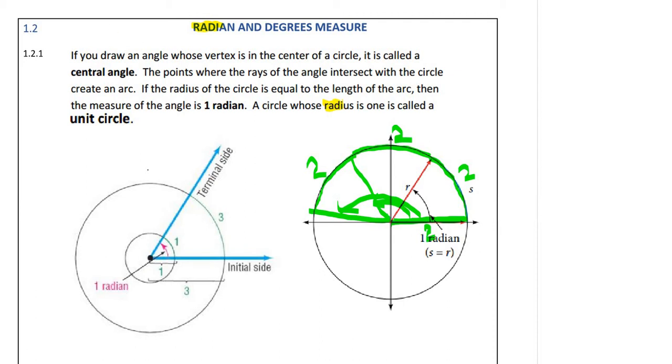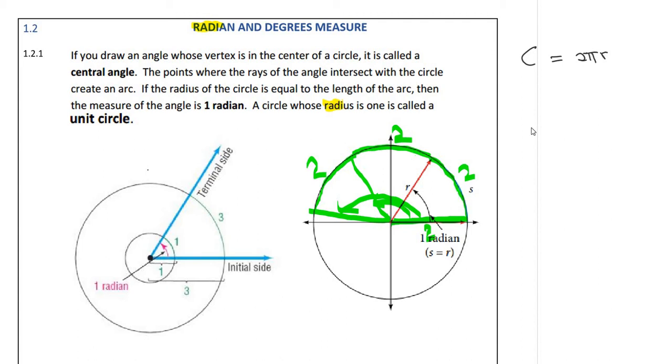Now, the circumference of the circle is 2 pi radius. Let's say we went on the circumference and we went 2 radii. If I want to find the angle, I must divide by the radius to see how far we went.